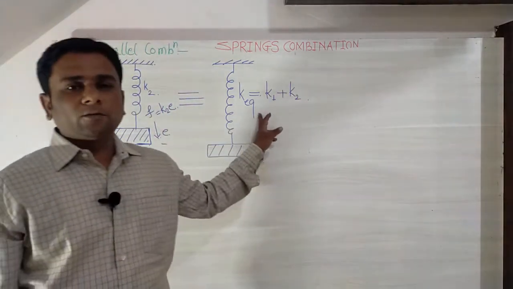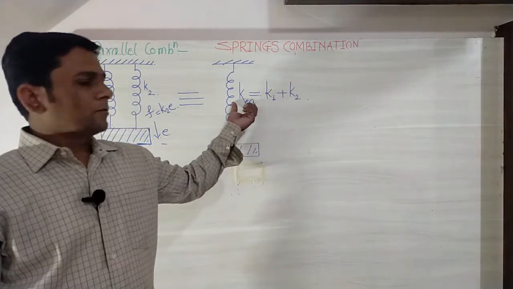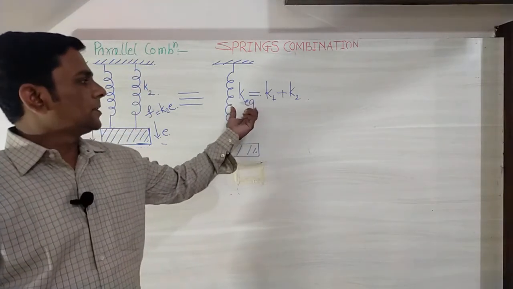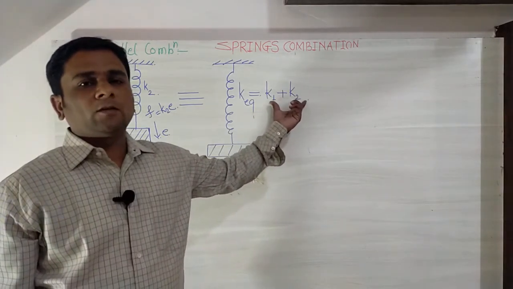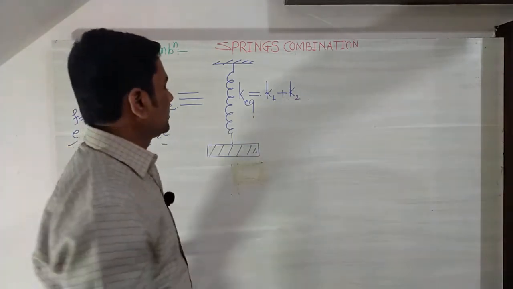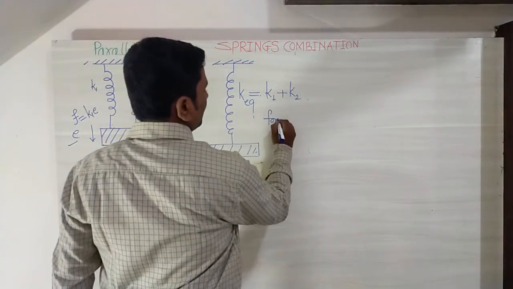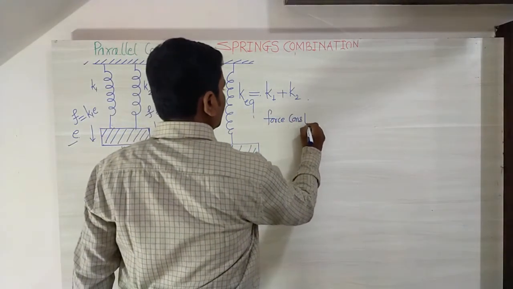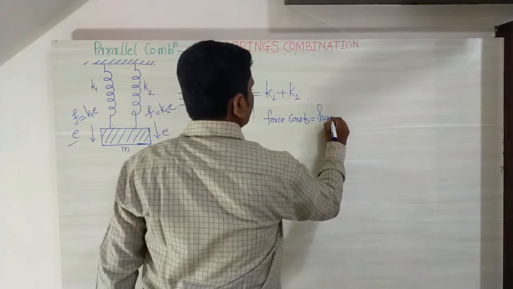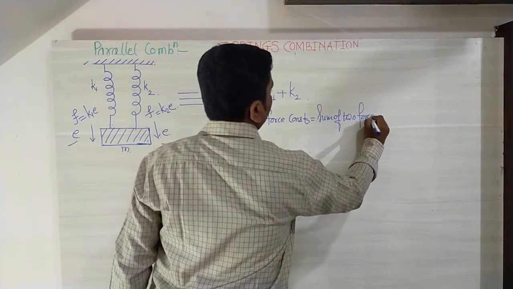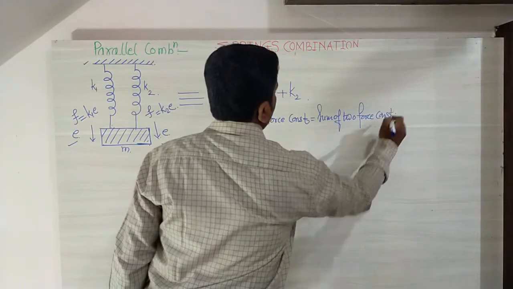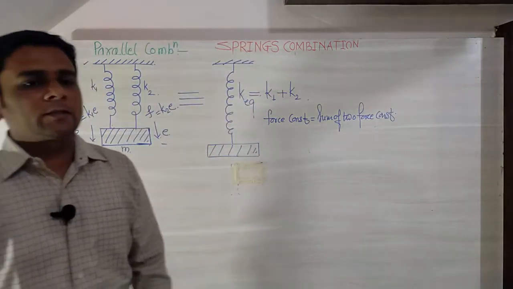The force constant in a parallel combination is equal to the sum of the two force constants.